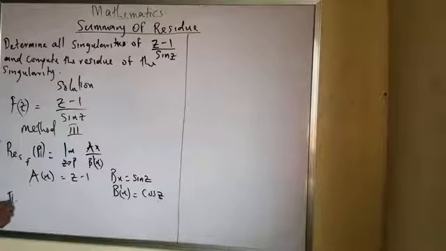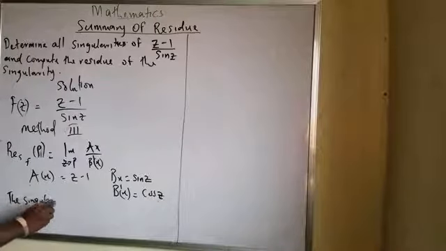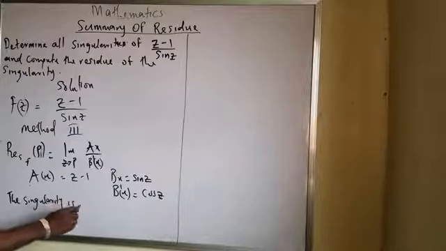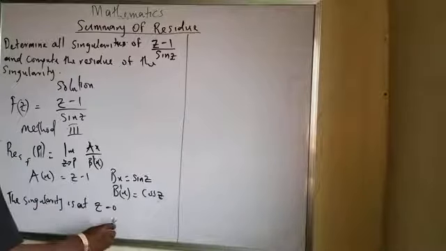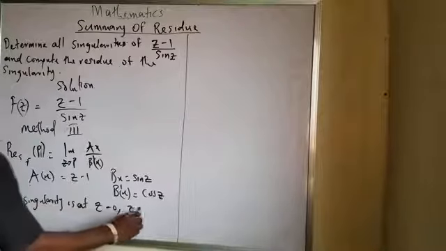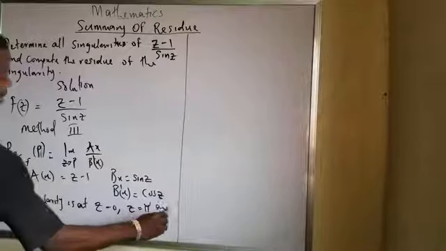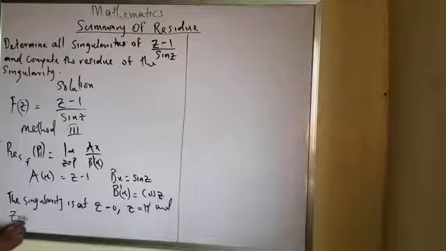It means I can now say that the singularities are at z equals 0, z equals pi, and z equals minus pi. Those should be my singularities.